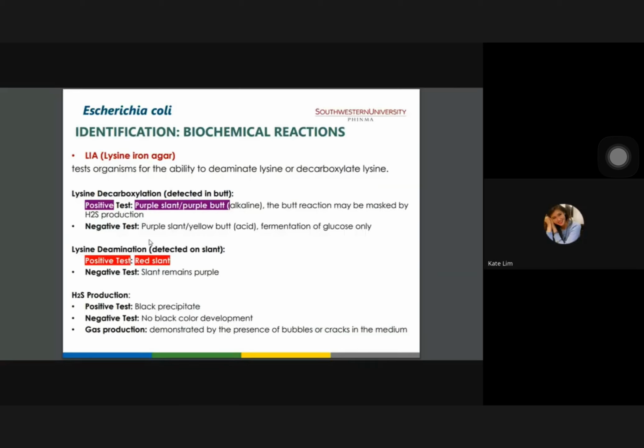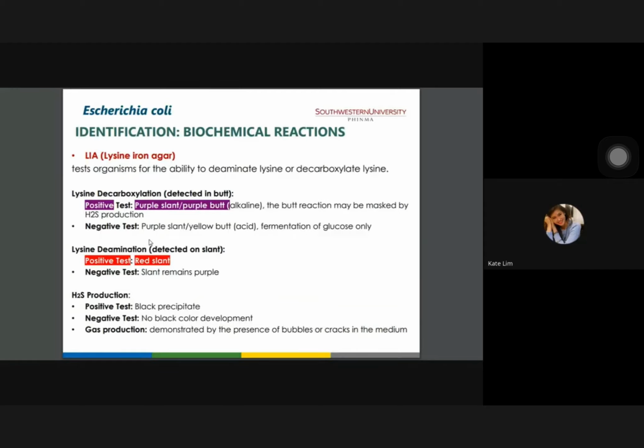Miss, how about if it's a yellow butt? If it's a yellow butt, then that tells you that no decarboxylation took place. There is no cadaverine to neutralize the yellow, so it remains yellow. But that would actually tell you that glucose is fermented. Remember, the glucose is found in the butt.